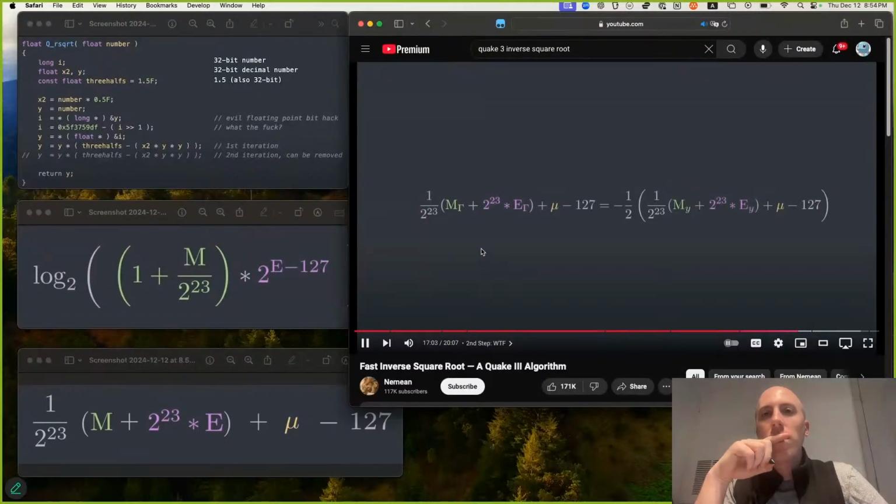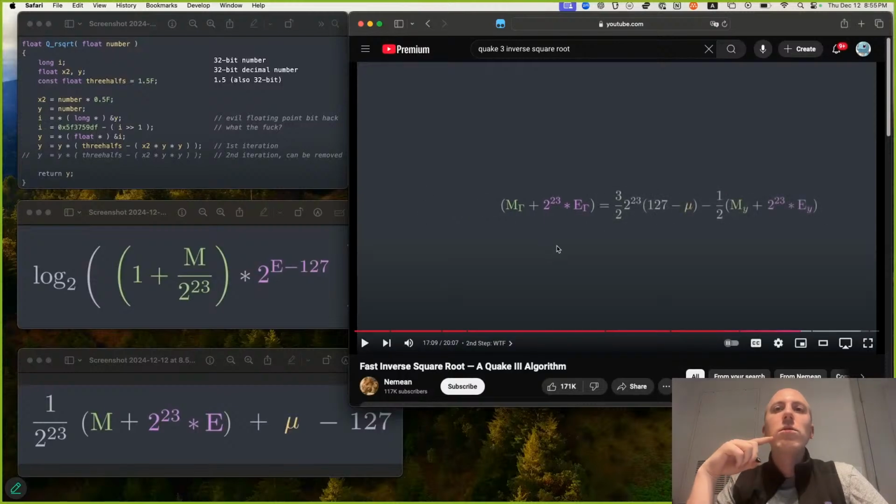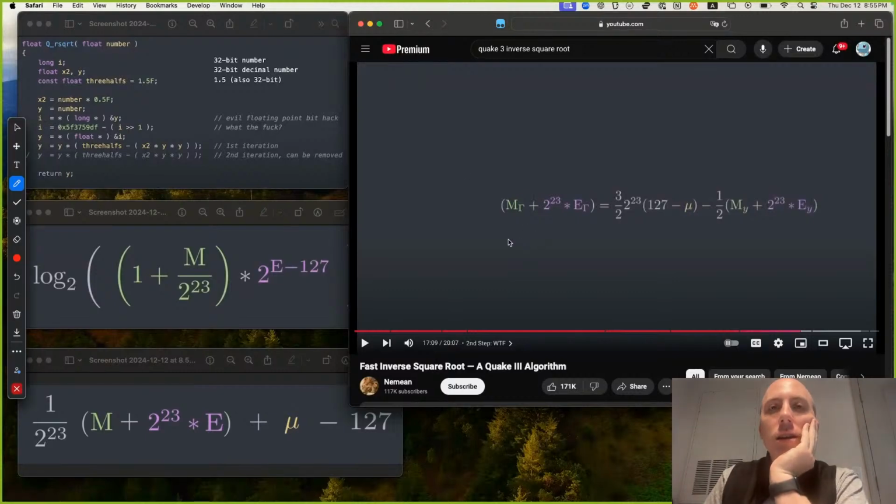And then we just solve for the bits of gamma. I'll spare us the details, but this is the result. So you solve for the bits of gamma. Like he said, literally the bits.